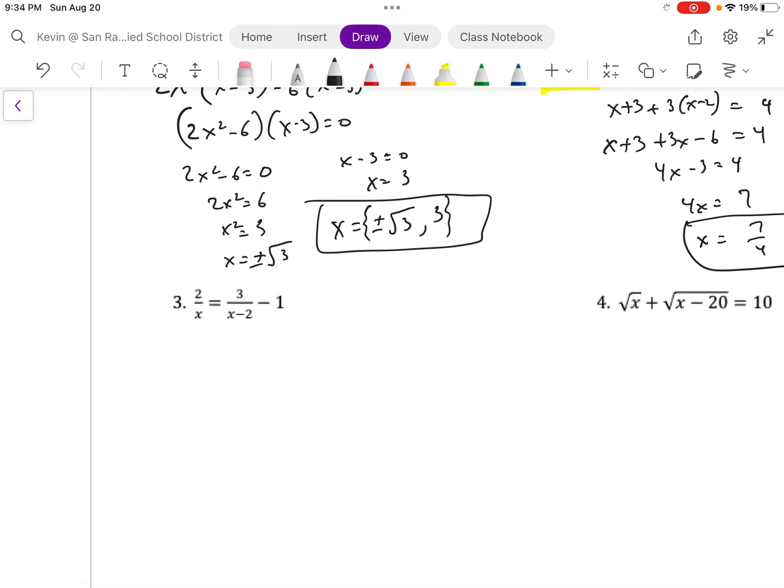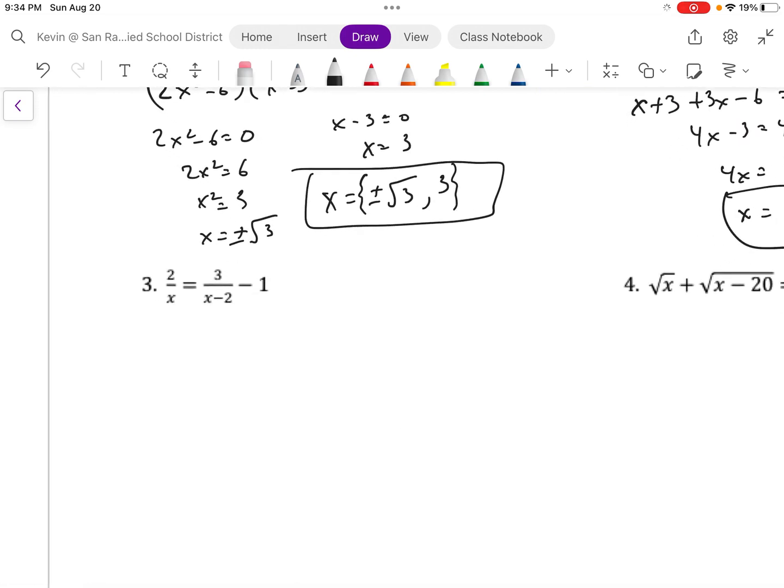Let's see. Well, let's just make it easy on ourselves. We're going to multiply this side by x times x minus 2, and we're going to multiply this side by x minus 2, my lowest common denominator.